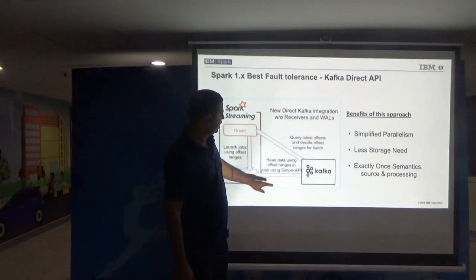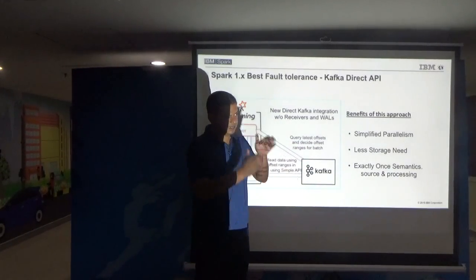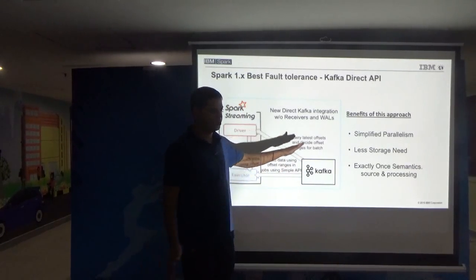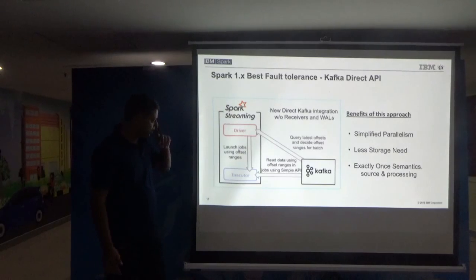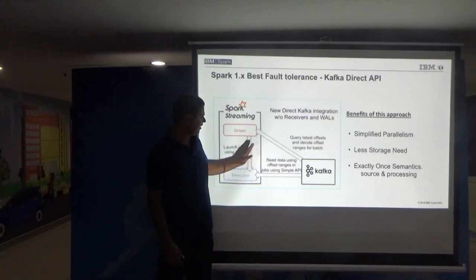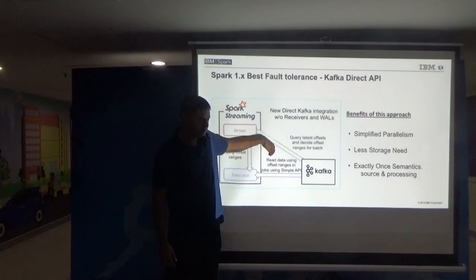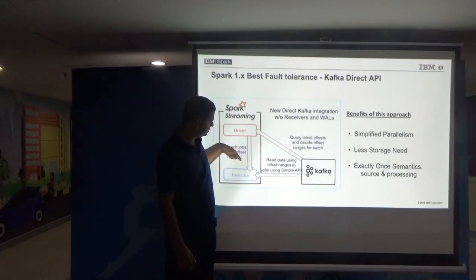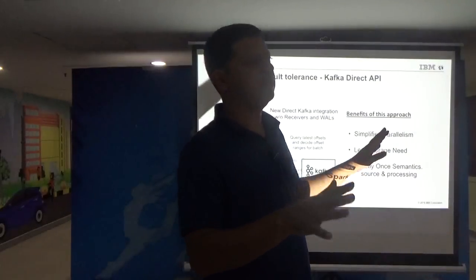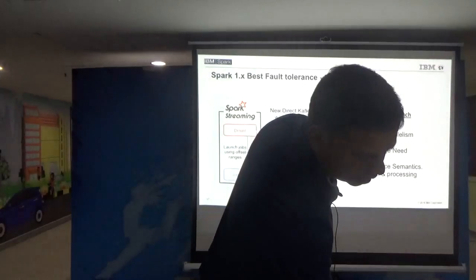If your program crashed during processing, I go back and pick that batch, and since I have the cutoff of what those batch offsets were, I process those offsets alone and then continue my program. Then the executor actually reads the data from there. So let's say after reading and processing it crashed, I would go to my checkpoint location, read those offsets, and it works the same way. That was the best exactly-once you could do in 1.x.